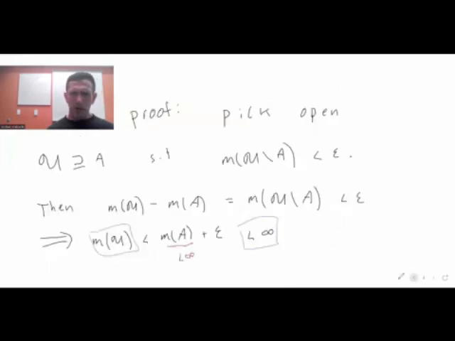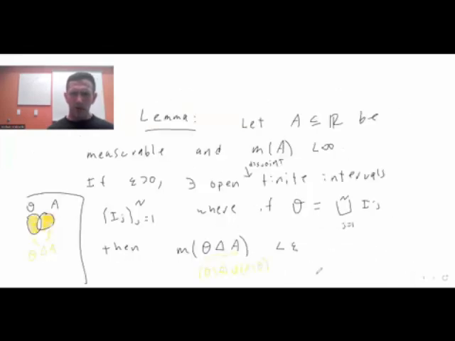Okay, so one thing to observe is that this here, let me do it in yellow, equals the measure of theta take away A plus the measure of A take away theta.